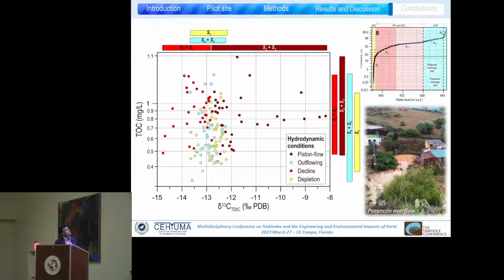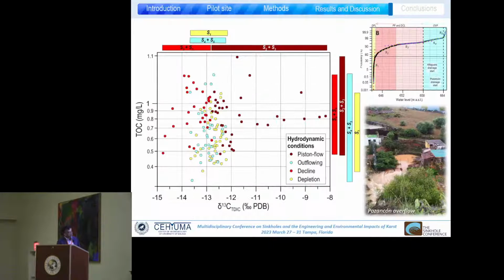It's very clear, very visible how the waters of the piston flow condition have the least depleted values of 13 carbon. So water is stored in the saturated zone for a longer residency time, more in contact with the rock, and consequently has less depleted values.